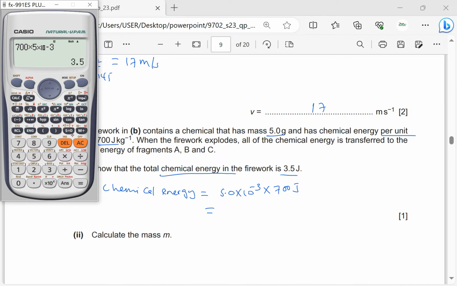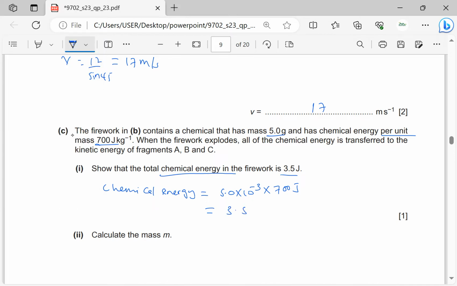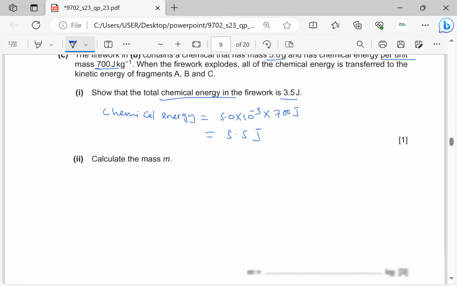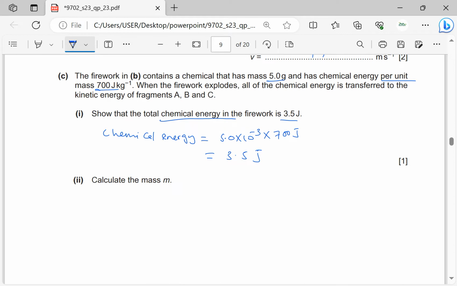So that is 3.5. Calculate the mass m. Since all the chemical energy is transferred to kinetic energy, we know that kinetic energy is a half m v squared. This should be 3.5 joules. So I'll say 3.5 equals a half times m times v.